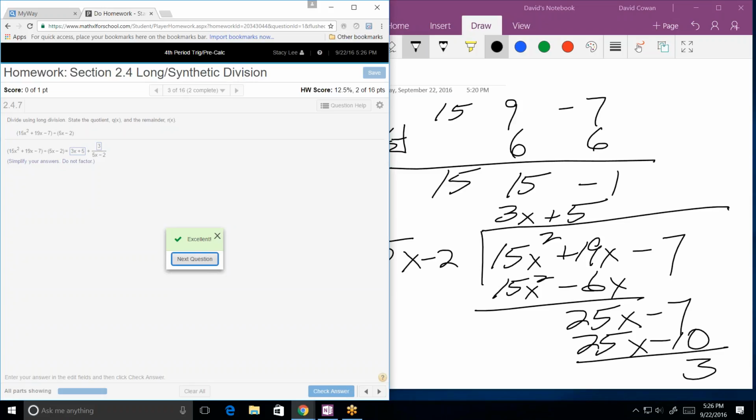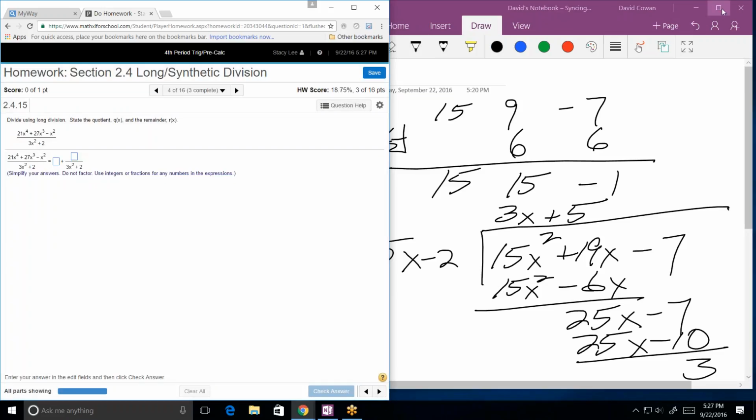Synthetic division does not work when your divisor is of the form 5x minus 2 or 3x minus 1 or something like that. So I guess you have to use long division. I did not know that, but all right, let's go on to the next one.